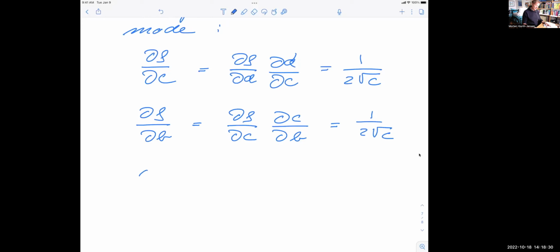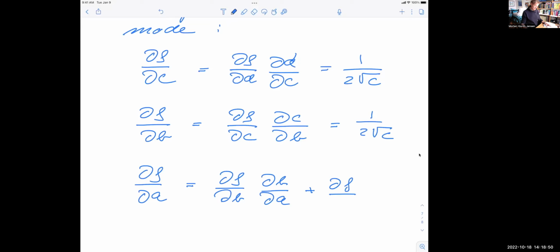If I then go further backward, I can reapply the chain rule again. So I have df/db times db/da, and we know the value of db/da because that's just the exponential of a, plus df/dc multiplied with dc/da.